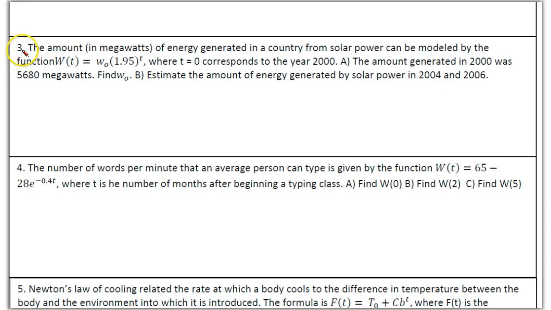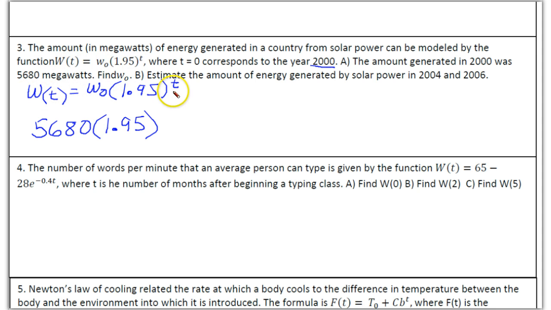Okay, so in example 3 now, once again, they're giving us a formula, this, and where W0 is the symbolism for the initial amount when you started off.